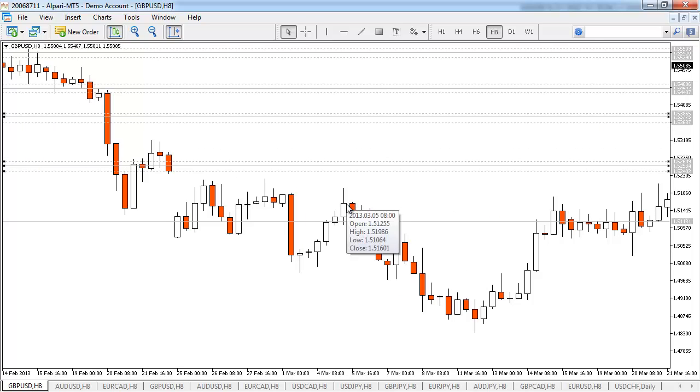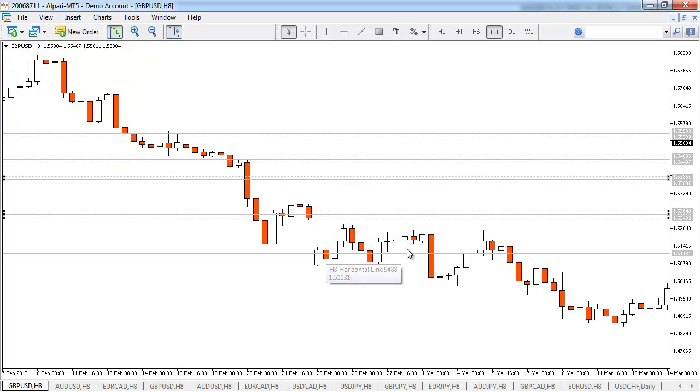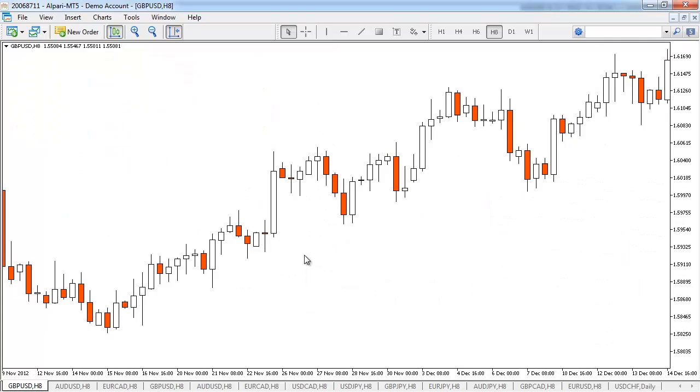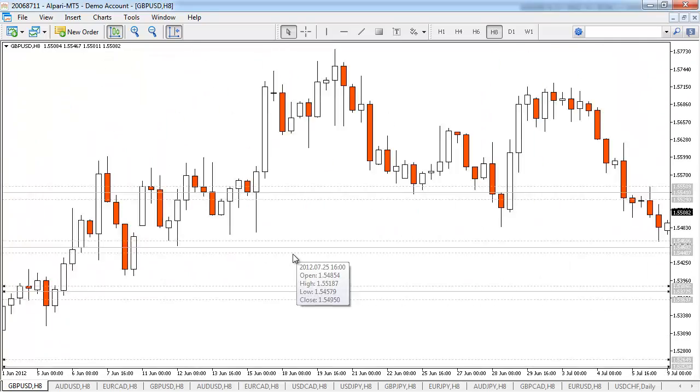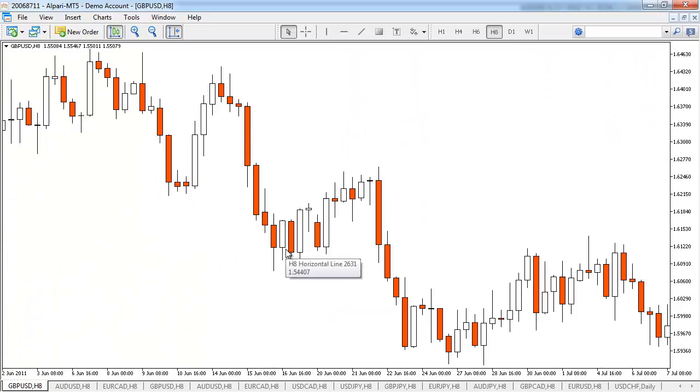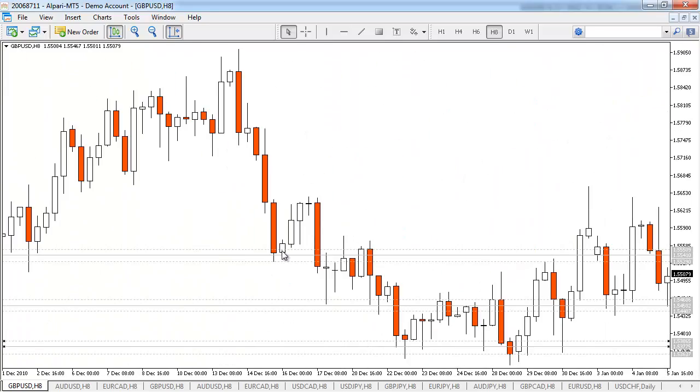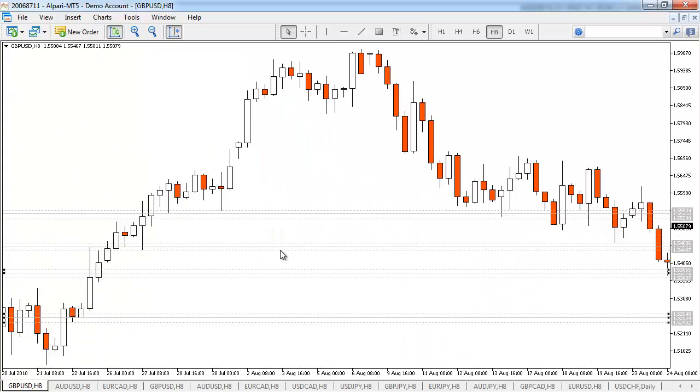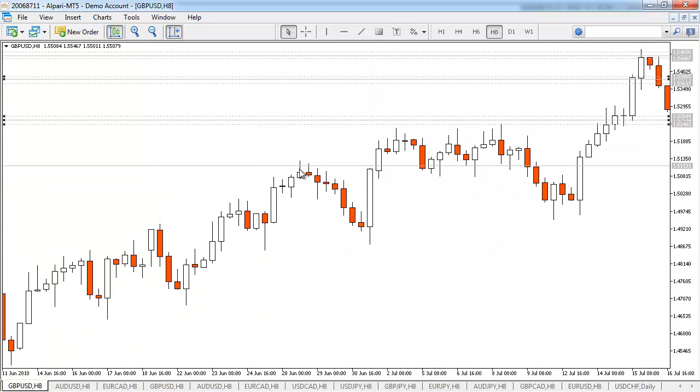Here it kind of broke straight through it, sort of. That's not too convincing. See, price formed along here. Yeah. This one doesn't seem as strong as the others, to be honest. See how far we have to drag back before we see this again. Alright, it's a little more convincing in the past.